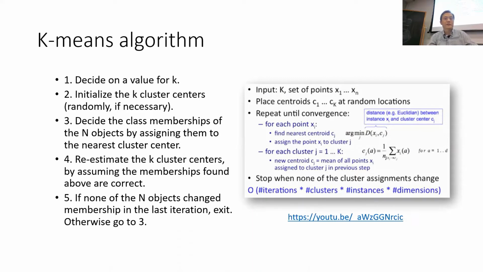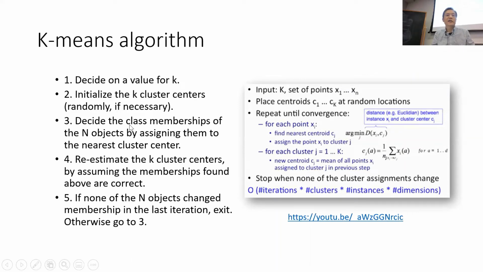Okay, so that's the text description of the algorithm, just like a story. You decide on the value of k first and initialize the k cluster centers. That's a random number we generate in this two-dimensional space. If it's high dimensional, you have to generate a random point of high dimension, depending on the dimensionality.